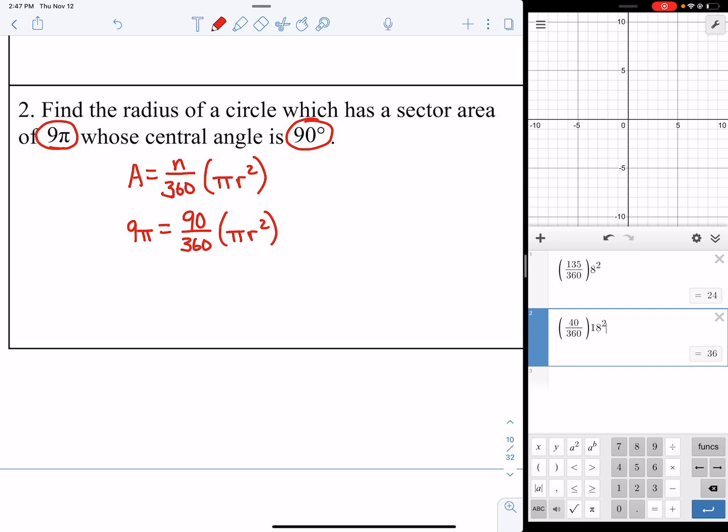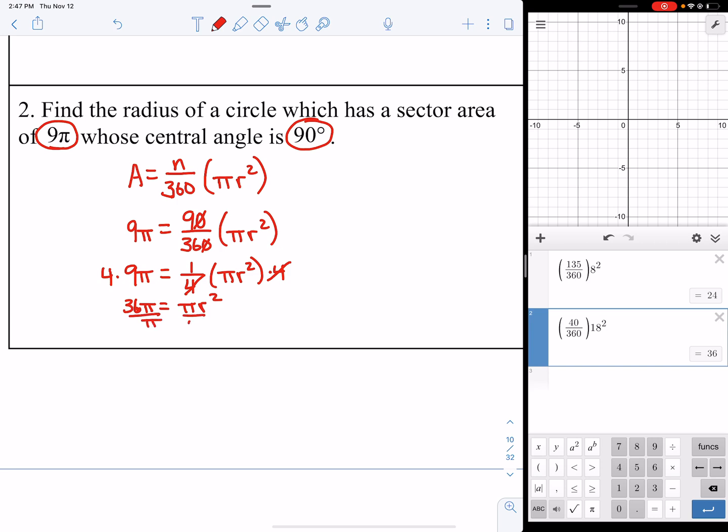All right. So 90 over 360, if we cancel out the zeros, it's like 9 over 36, which is 1 over 4. We've got 1/4 pi r squared equals 9 pi. So I'm going to multiply both sides by 4 to get rid of the fraction. So I get 36 pi is equal to pi r squared.